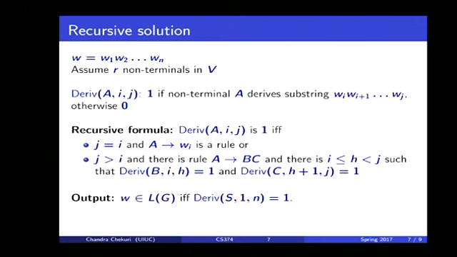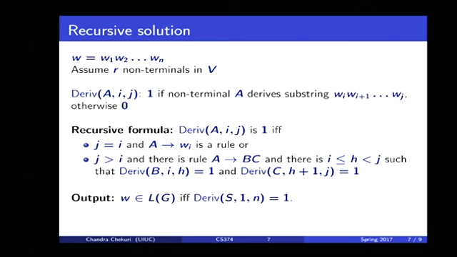And the base case is when the length of the string is 1, which means j minus i is 0, that is, i to i. When does A derive a length 1 string? Only if there is a rule of that form. And if j is greater than i, do the obvious recursion.